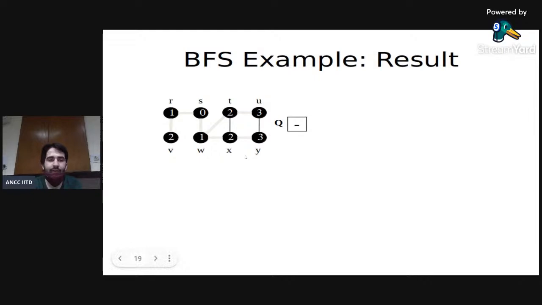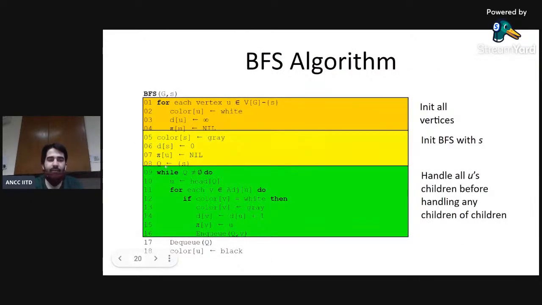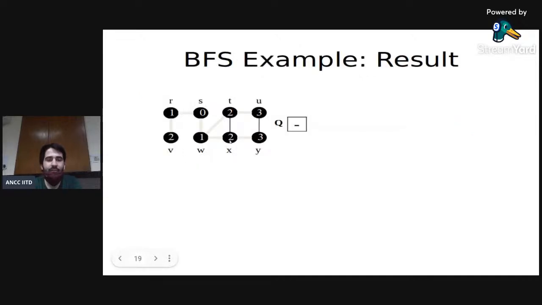There is no cycle in this. And if you remember, we had computed a pi array, and this is useful to actually construct the tree, because each edge is from x to pi of x. So there is an edge from x to pi of x, that is w.